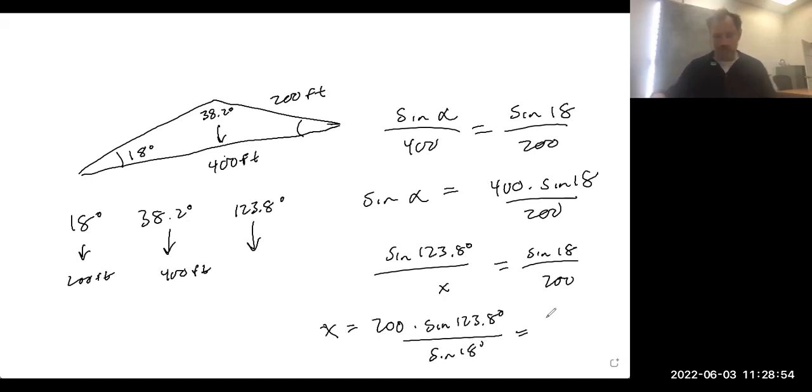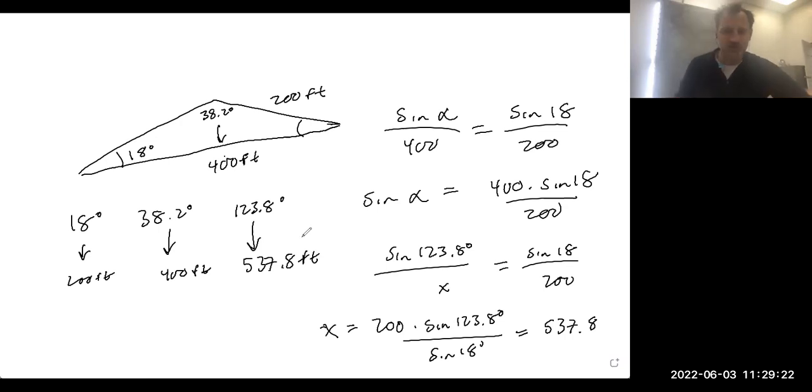So that's equal to 537.8, which is the longest side. Makes sense, because it would be across from the biggest angle.